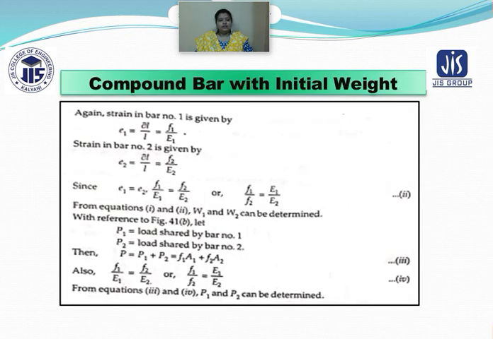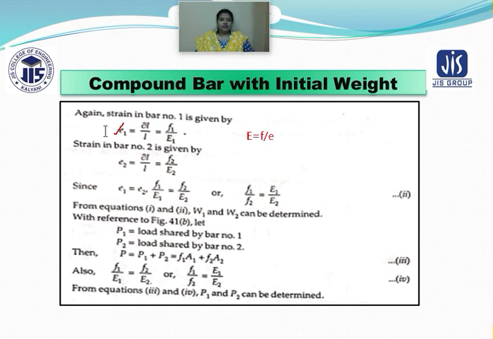Now how are you going to calculate? Again the same formula, strain. Strain is known as change in length by original length. It can also be written as stress by modulus of elasticity, because modulus of elasticity, capital E, is denoted by stress by strain.